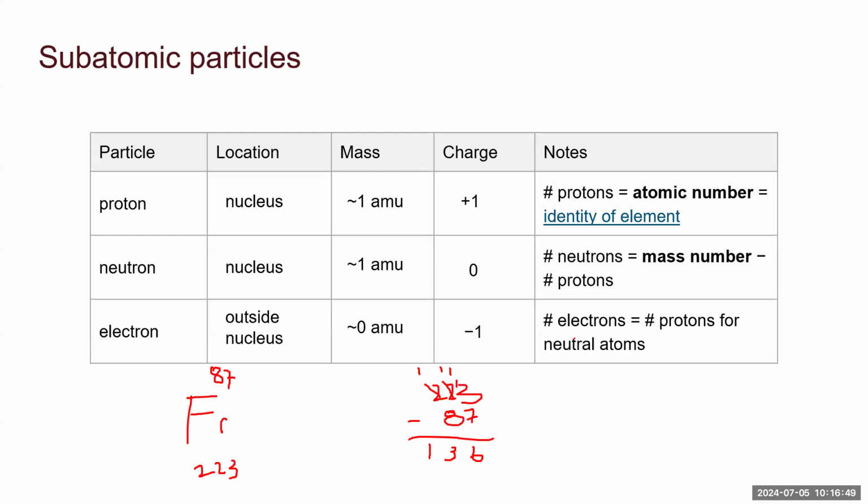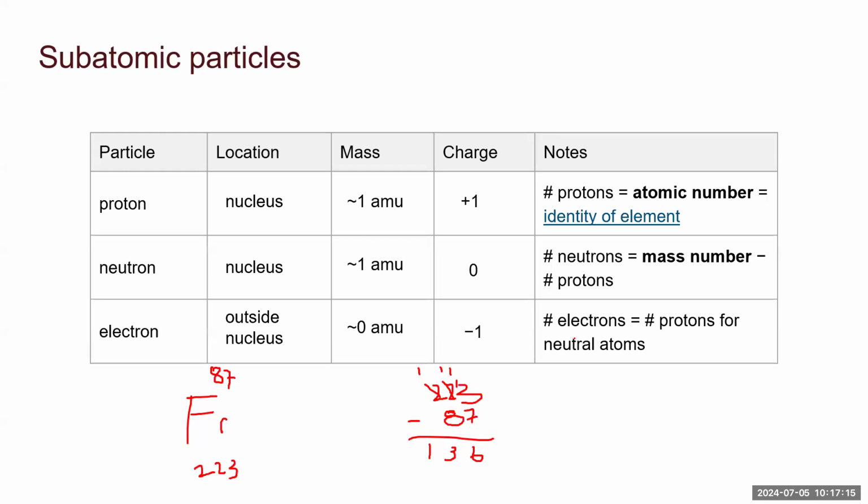Now, where it gets a little bit hairier is if I say, hey, you have an atom of cesium, but it has a charge of +1. Well, that means that first and foremost, it's not neutral. That means that the number of protons and electrons, therefore, are not equal to one another. The number of protons is greater than the number of electrons.